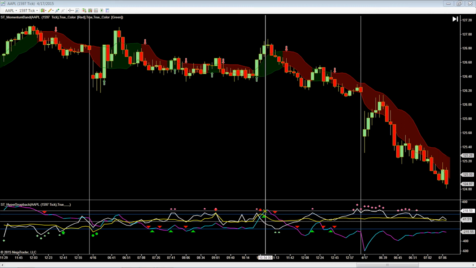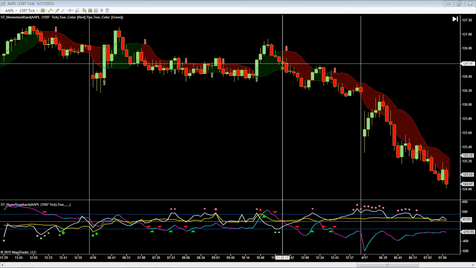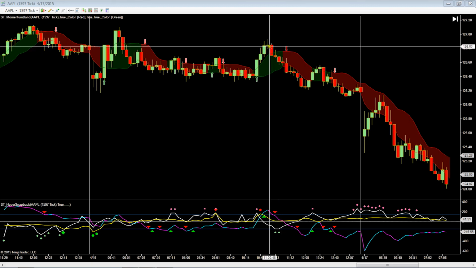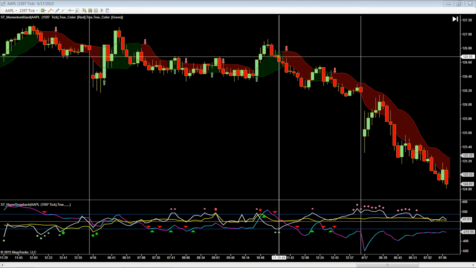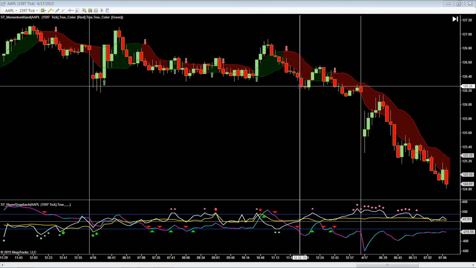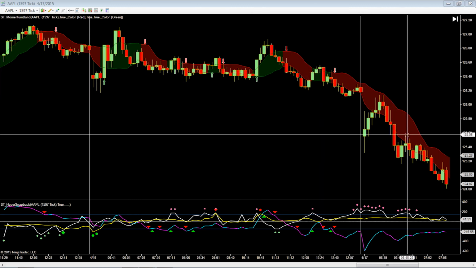So we wait until around 11 o'clock or so. The trend line turns down to magenta. That's when we want to enter. Around 126.85. You can get out around 126.25 or potentially ride this trade all the way down.